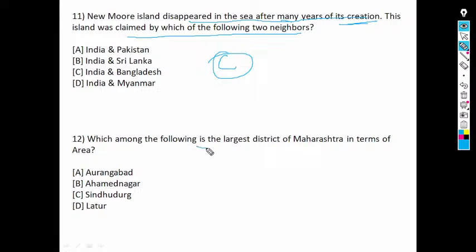Which among the following is the largest district of Maharashtra in terms of area? Aurangabad, Ahmednagar, Sindhudurg, and Latur.